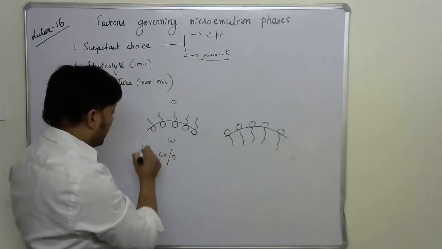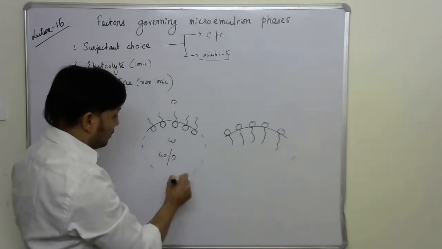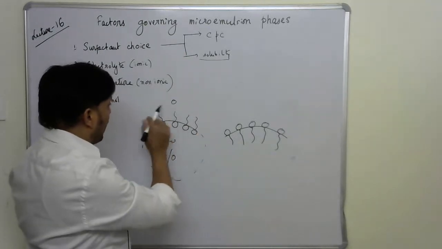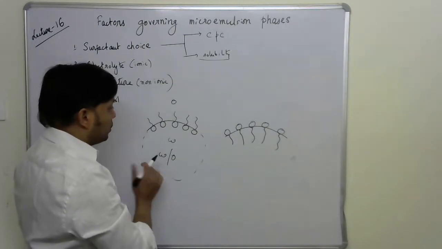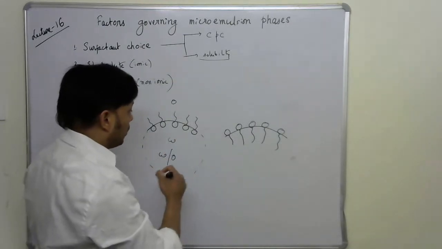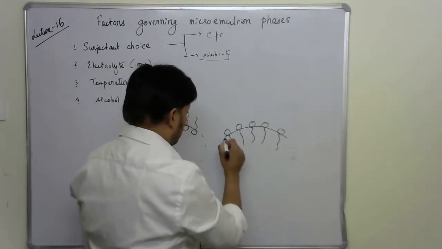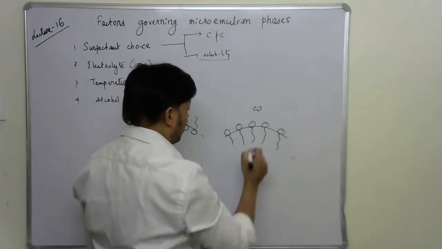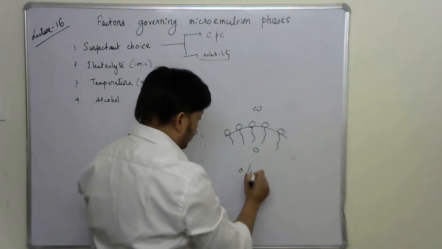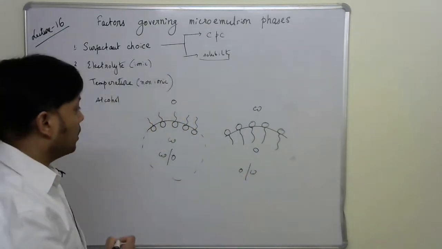This is the water droplet, and the external phase is oil. The polar head group is facing towards the water, and here it is just the reverse. This side is oil and this side is water. So this is an oil in water microemulsion.